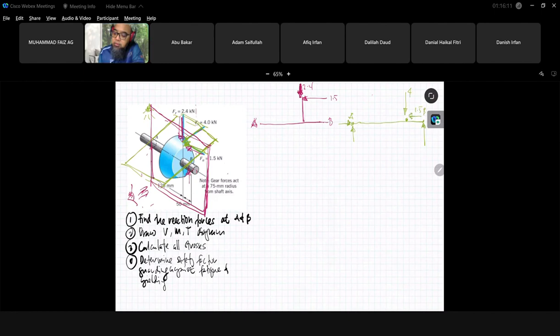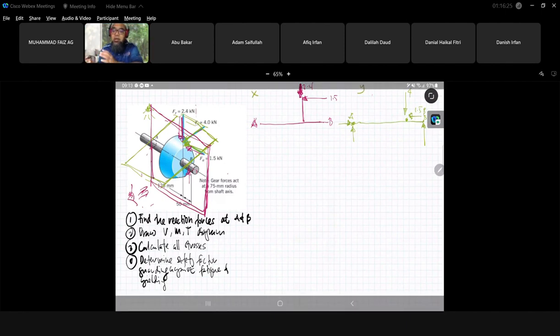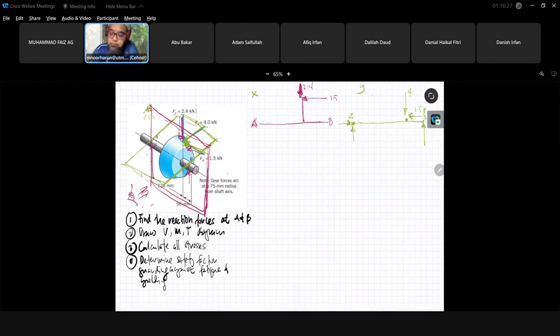Because these are the forces and the reaction forces here. Let's say we call it X, so Y. Different plane. Whatever you call it, plane one or plane two, plane X, plane Y.